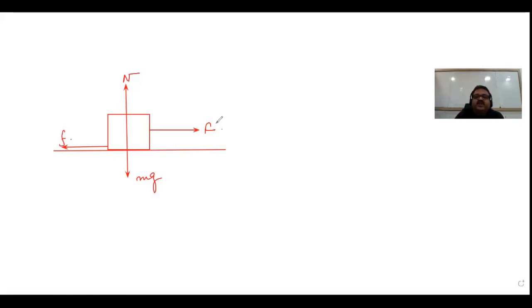What we know: when a body is not moving but a force is acting on it, the force of friction which comes into account is static friction. And when the body, due to the applied force, is about to slide over the plane, but it is not sliding, it is about to slide, correct?